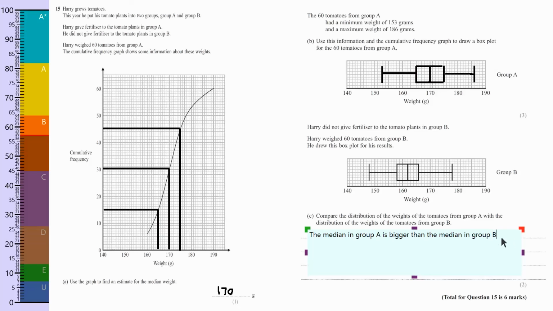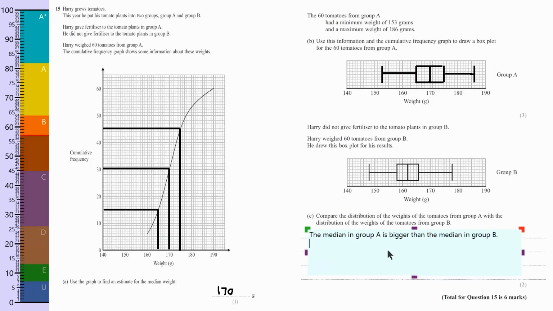And if you want to, you can actually write down those numbers in your answer. The next thing we need to compare is a range. Now, the range is either between the largest and the smallest, or we can do the interquartile range, which is the width of the box here and here. Now, I'm just going to do the range because it's easier.